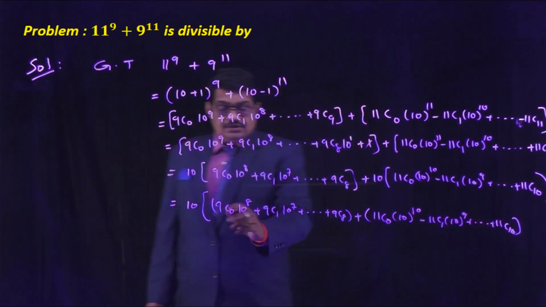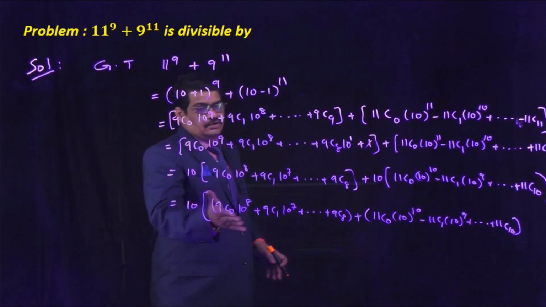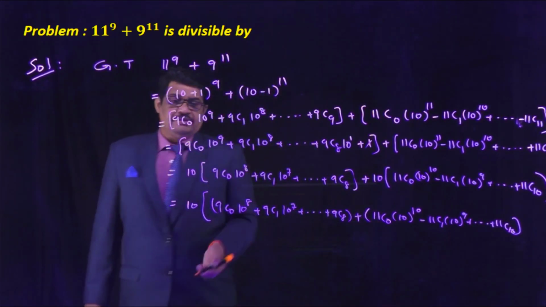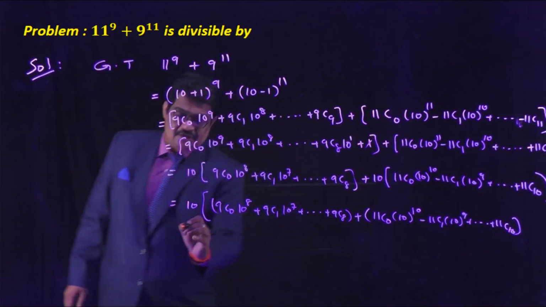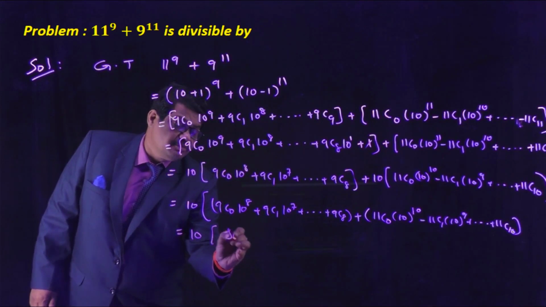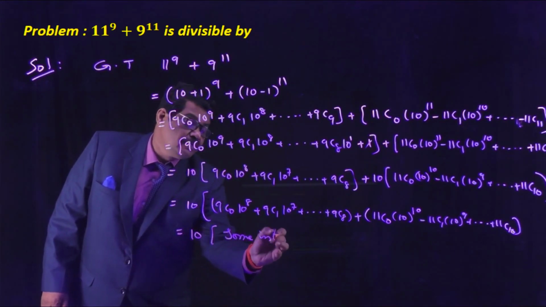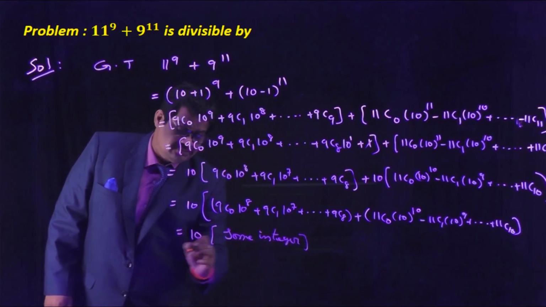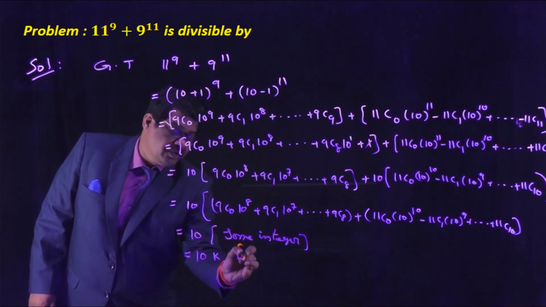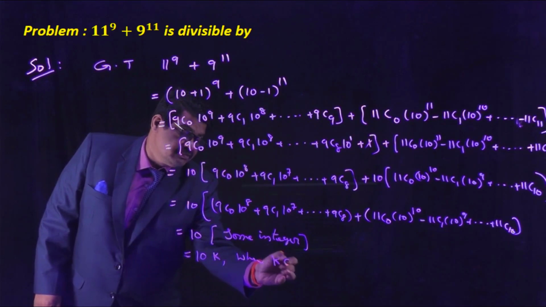Okay, so these are binomial coefficients. All terms are integers, so the sum of the integers is again some integer. This is some integer that is equal to 10 into some k, where k is some integer.